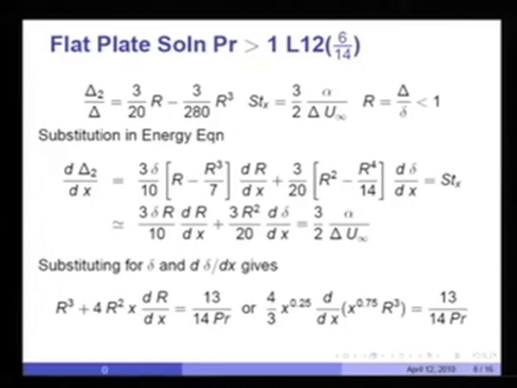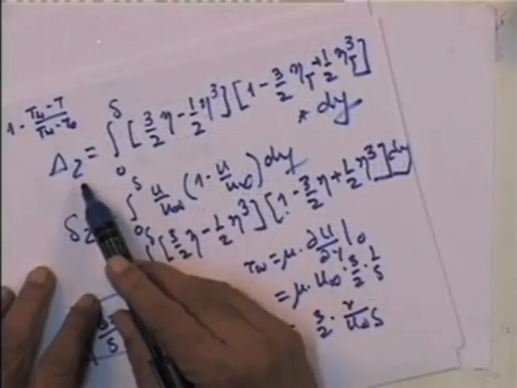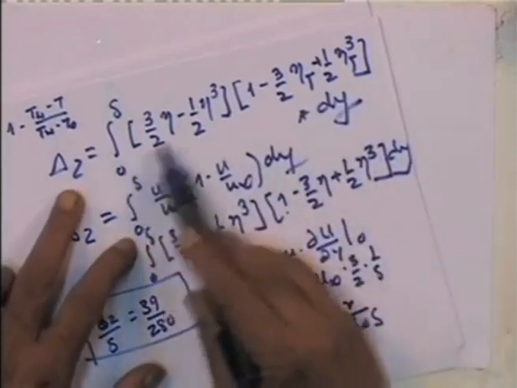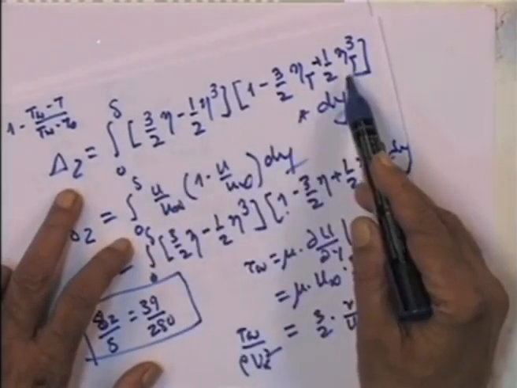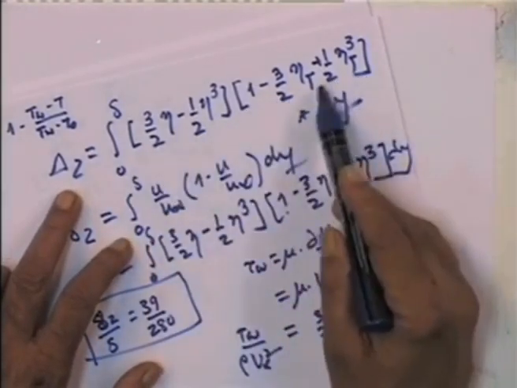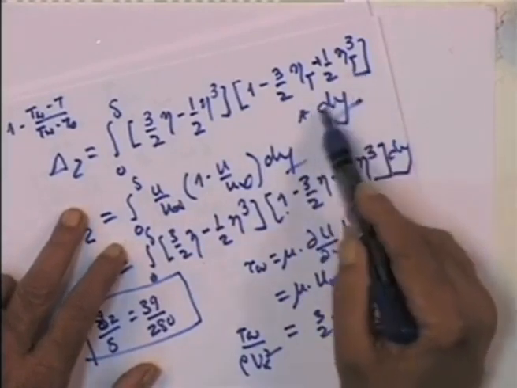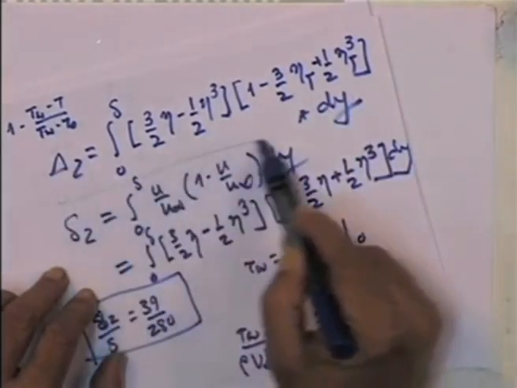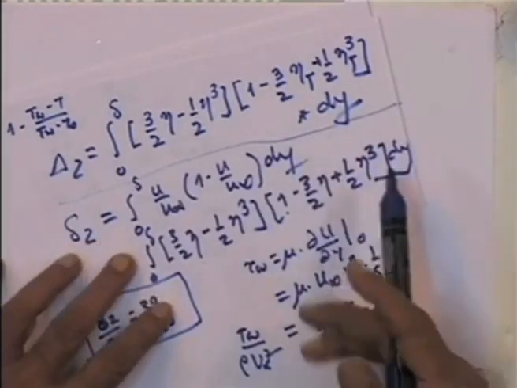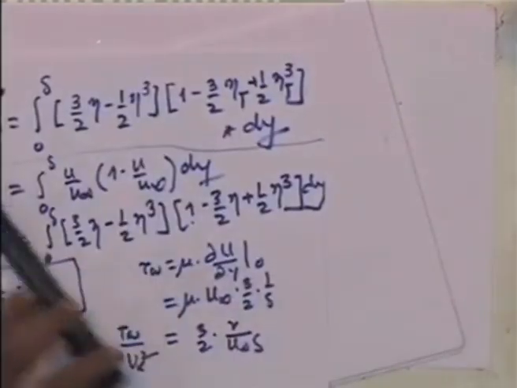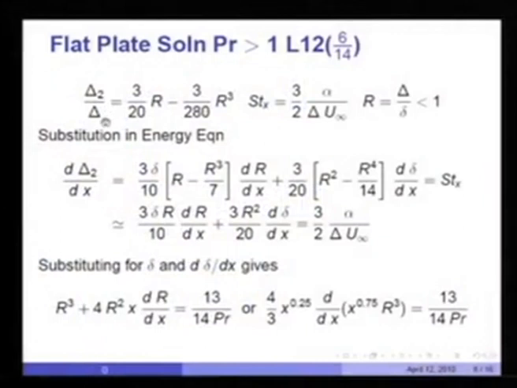Then, as I said, this is the definition of delta 2, and if I integrate this equation, I would get delta 2 by delta equal to 3 by 20 r minus 3 by 280 r cube.